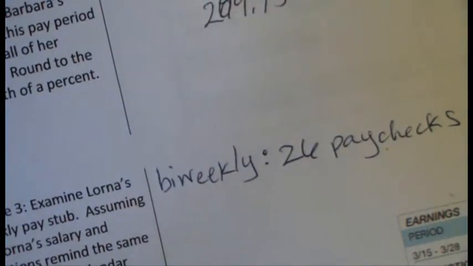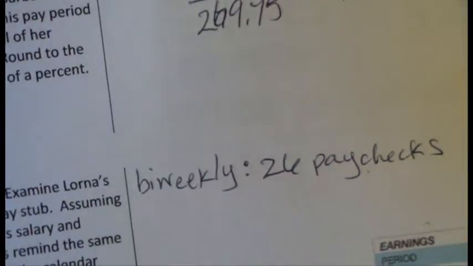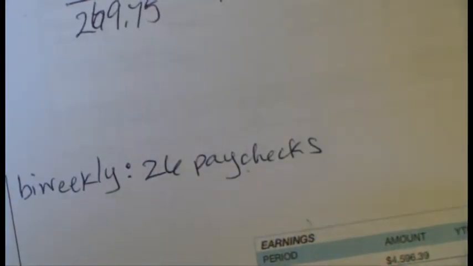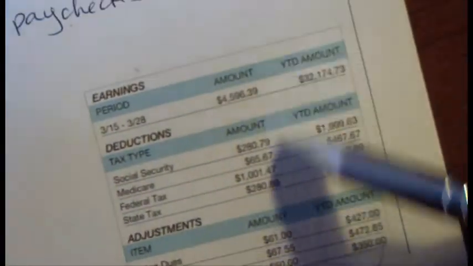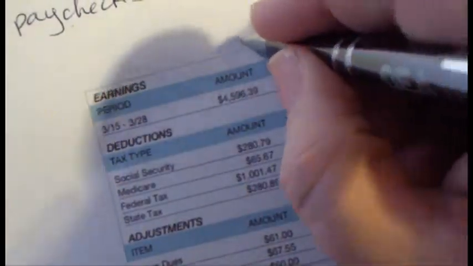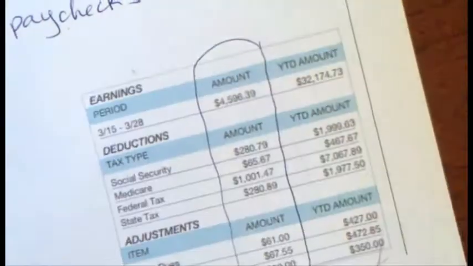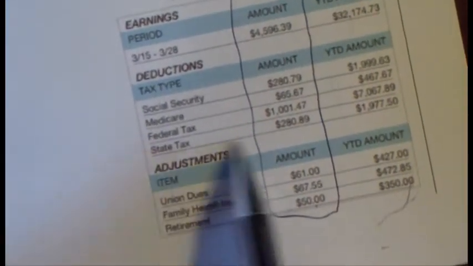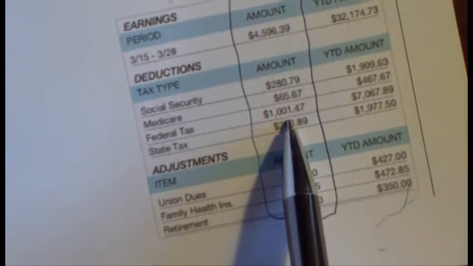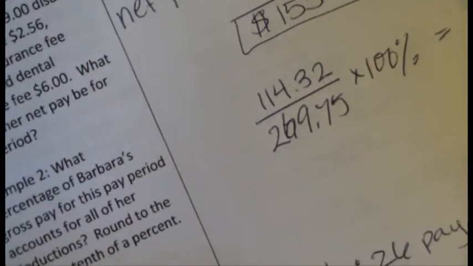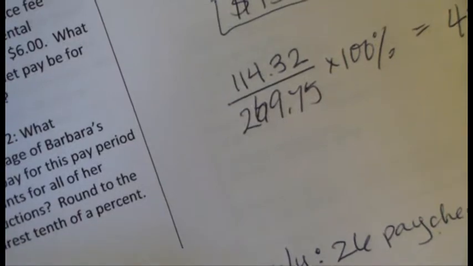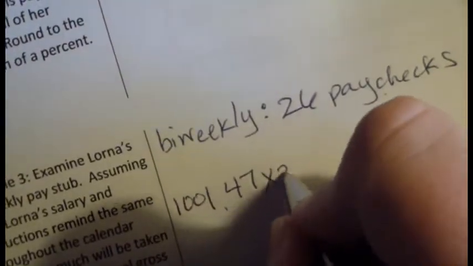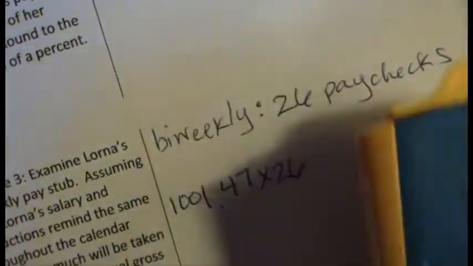Alright, so if we look over at her pay stub, these are the amounts for the current pay period, and then these are the amounts over here for year to date. So we're just going to worry about those numbers right there. So federal tax is $1,001.47 times 26, because she gets 26 paychecks.